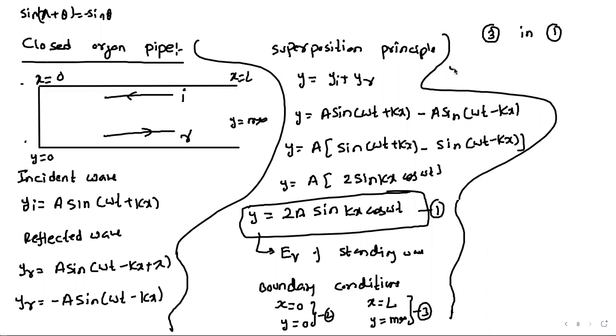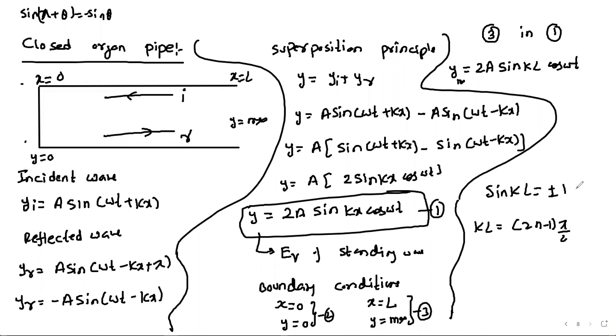Next, we can substitute 3 in 1. When we substitute 3 in 1, then y is equal to 2a sine kL cos omega t. So your y should be maximum. This is maximum only if sine kL is maximum, meaning the value of sine kL is plus minus 1. The value of sine kL is plus minus 1 if your angle is (2n minus 1) pi by 2, since for all odd multiples of pi by 2, sine is either plus 1 or minus 1.